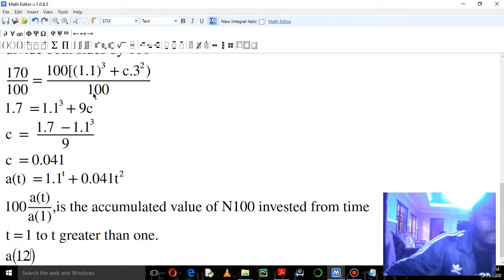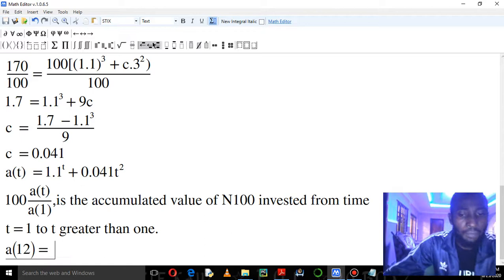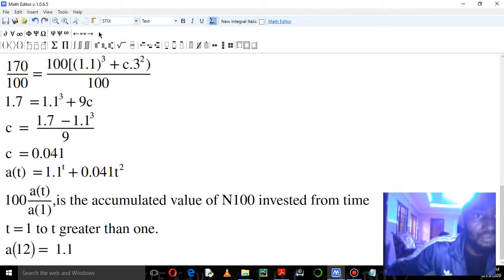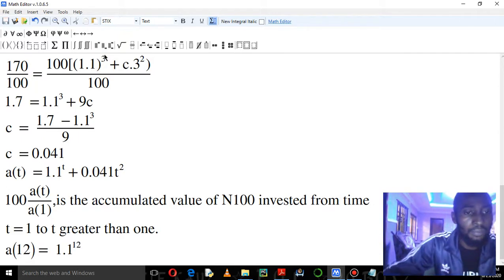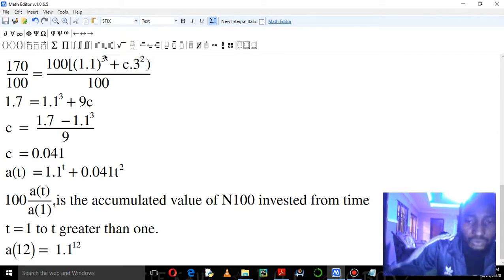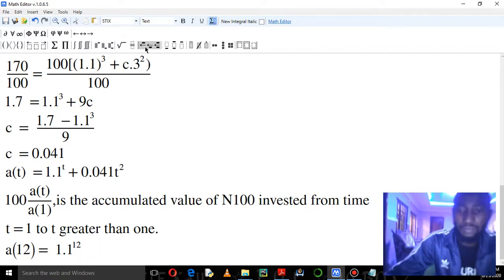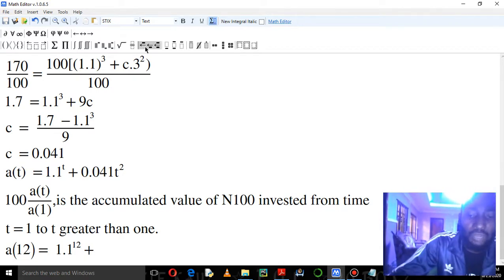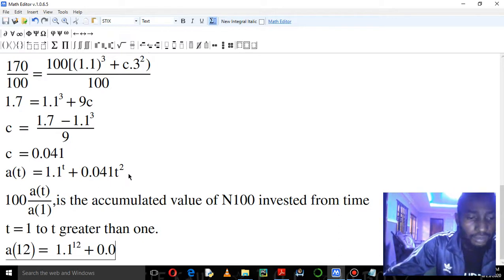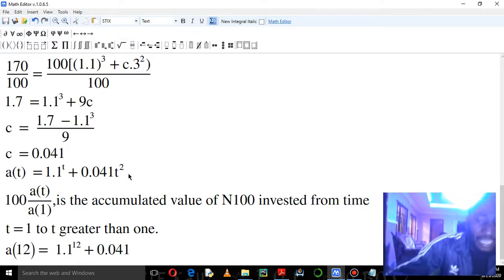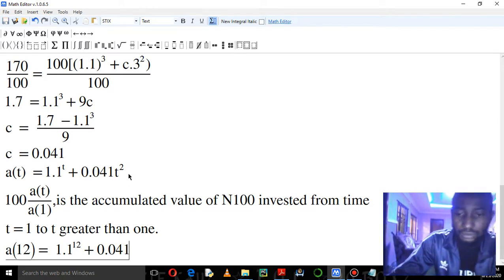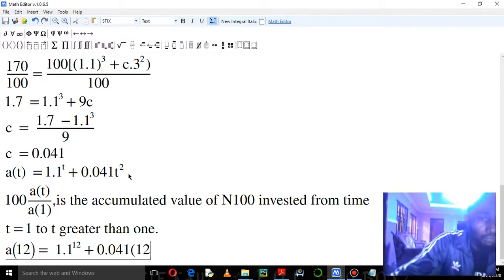So we have a of 12 equals 1.1 raised to power 12 plus 0.041 times 12 raised to power 2.